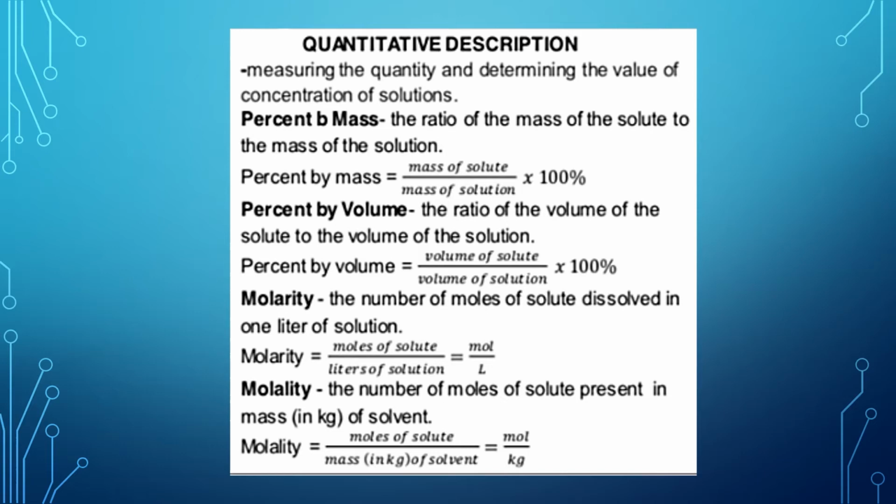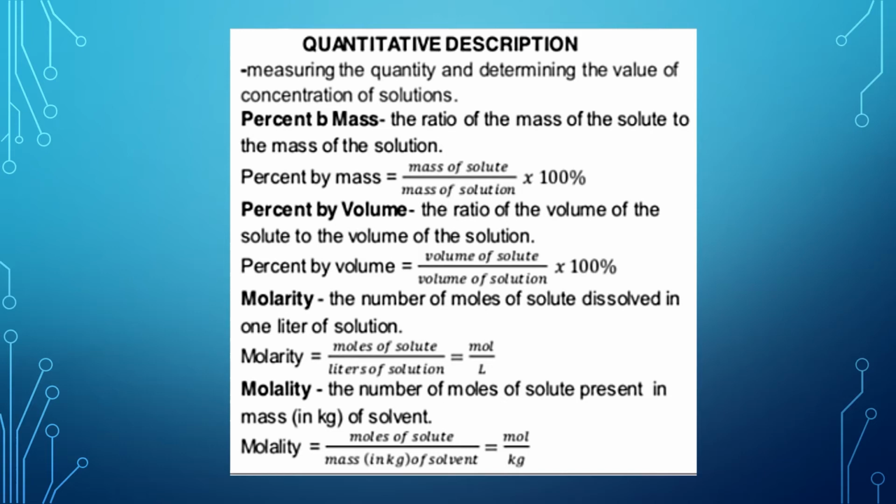And the unit of liters of solution is, of course, liter. So, if ever na naka-mL ang unit ng solution nyo, you need to convert it first into liter. And bago nyo gamitin yung formula ng molarity, you need to solve first for the moles of solute, lalo na kung hindi ito given, over the liters of solution.